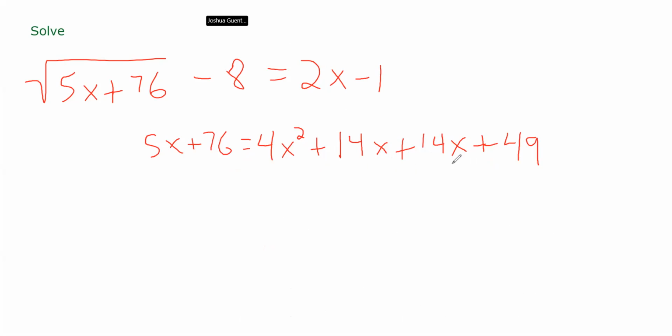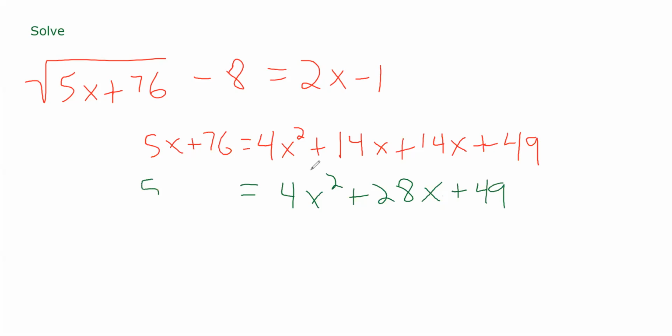These 14x's in the middle are going to simplify into 28x. The left-hand side doesn't change.